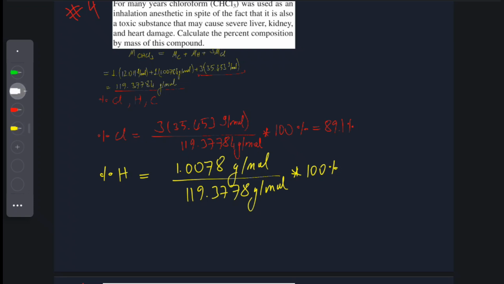Again, I didn't say here, but the units will cancel each other, and here units again will cancel each other, right? We multiplied it with the 100%, and the calculation result will be 0.844%.